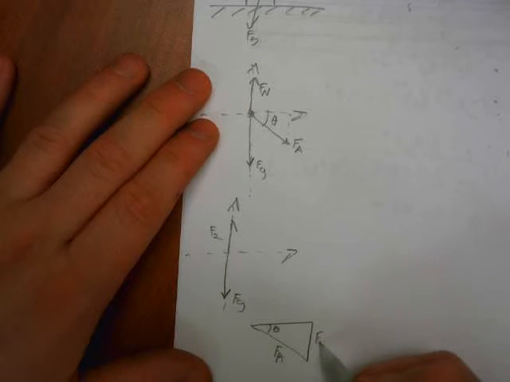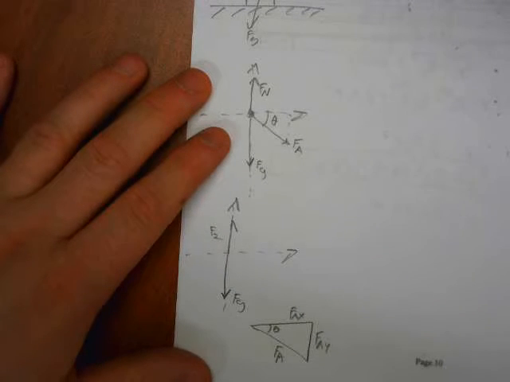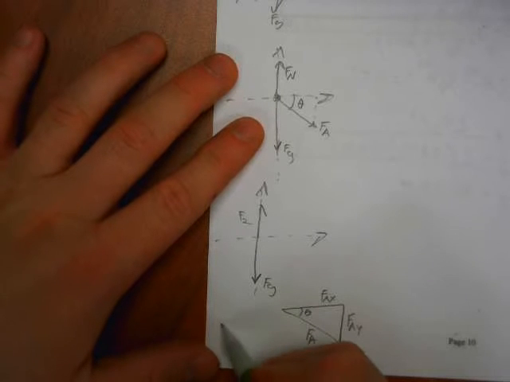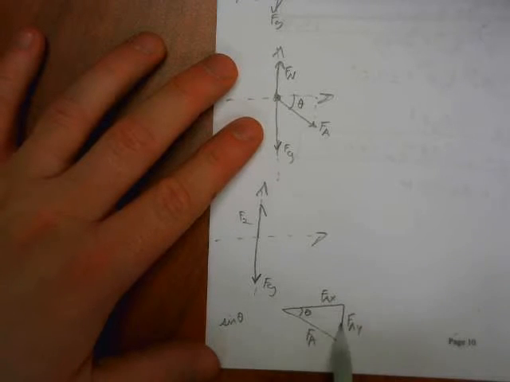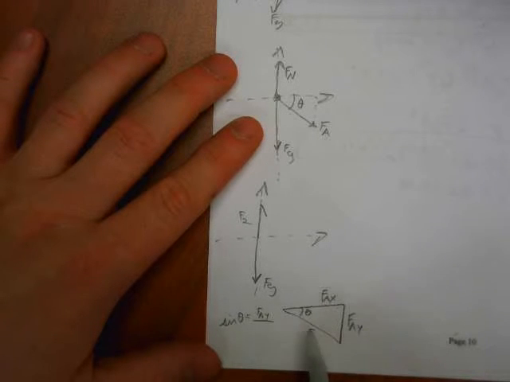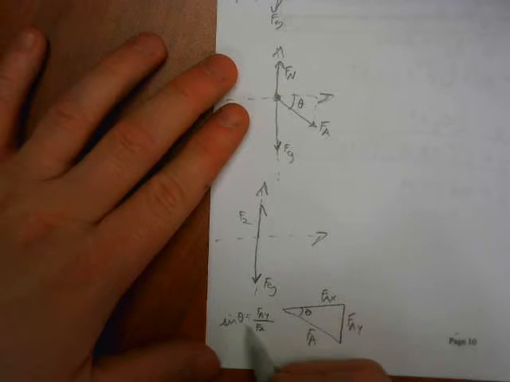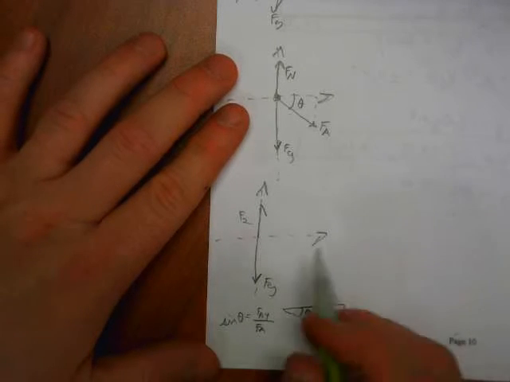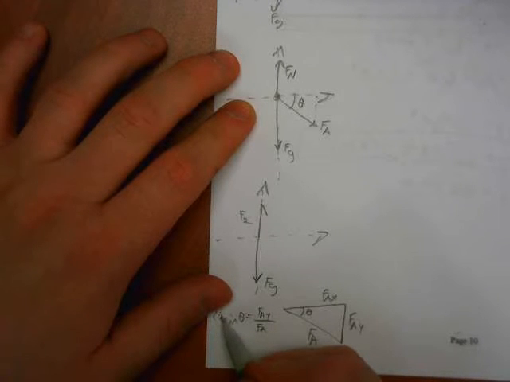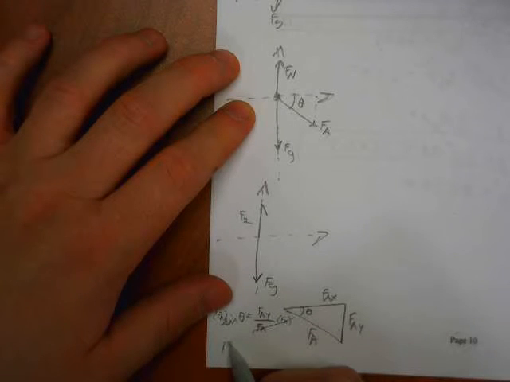So this is FAY and FAX. And sine of theta is opposite FAY over the hypotenuse, which is just FA. So now multiply each side by FA. That cancels. So FAY equals FA sine of theta.